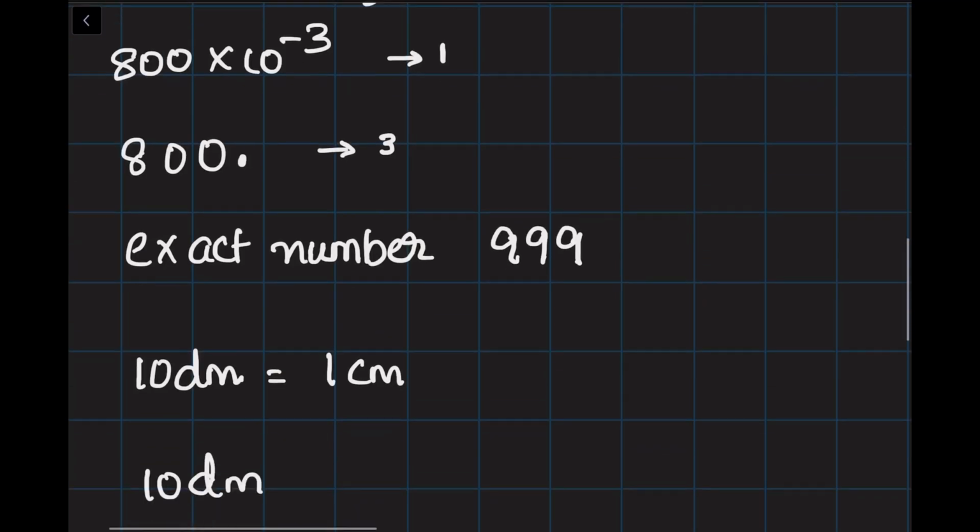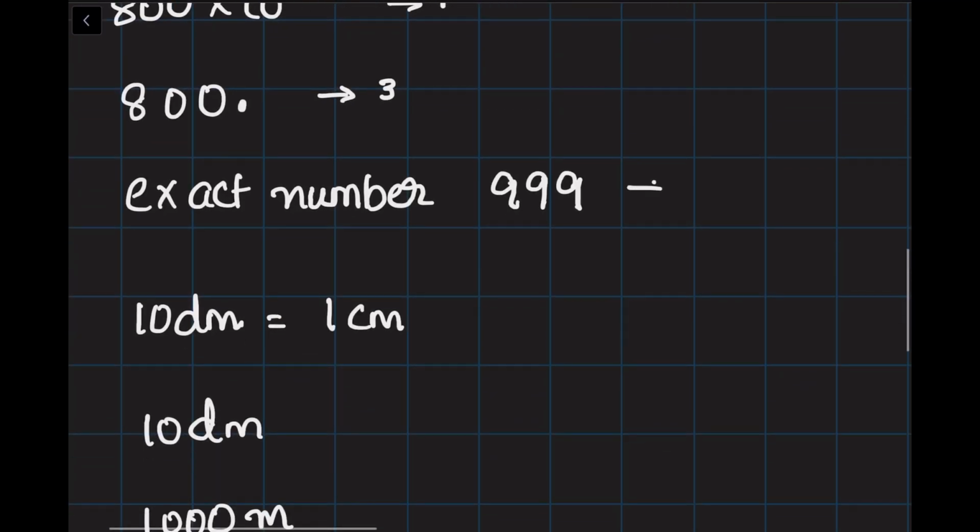In an exact number 999, the significant figure is infinity. It's not 3, because pure numbers, exact numbers and constants all have infinite significant figures. A relation like 10 decimeter equal to 1 meter is also exact, so it also has infinity as its significant count.